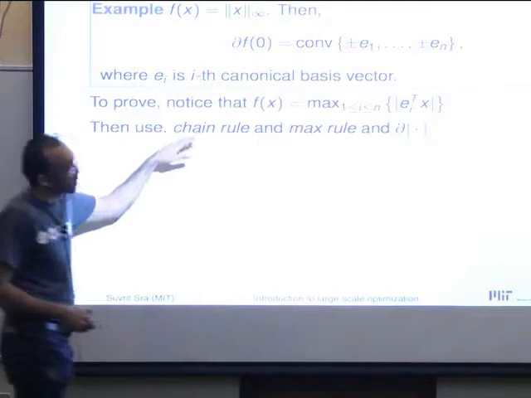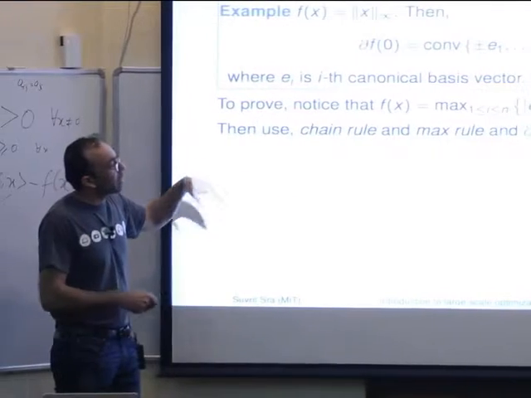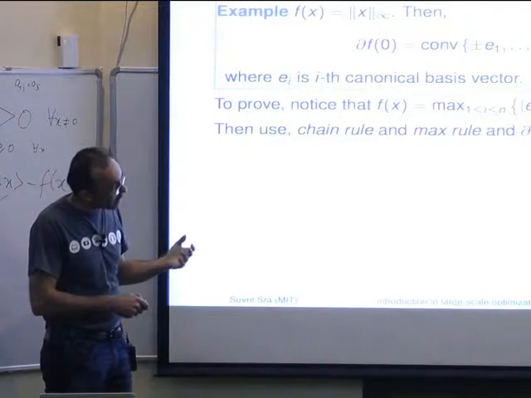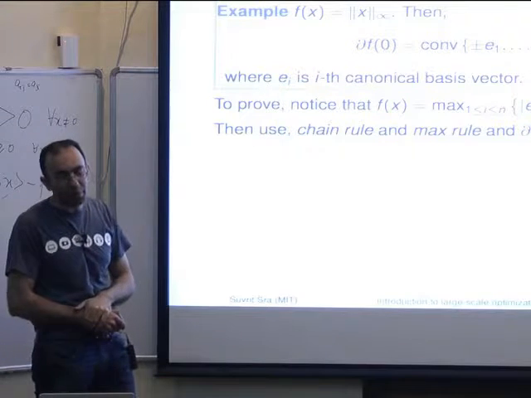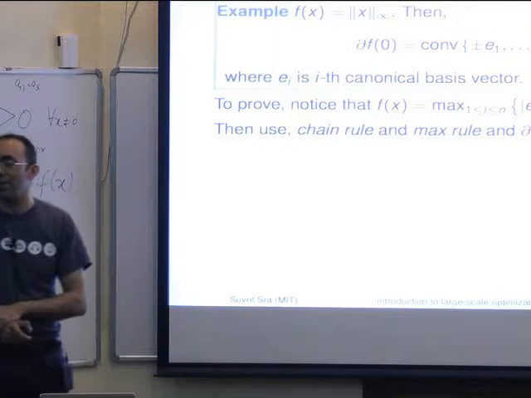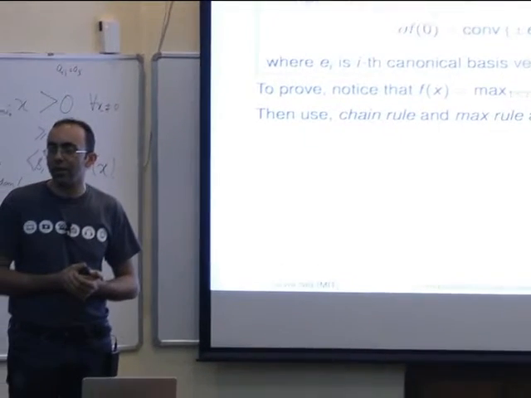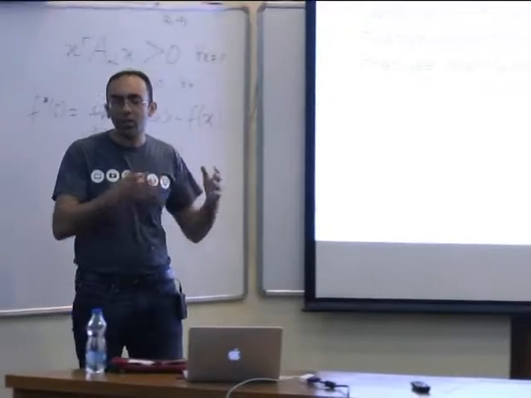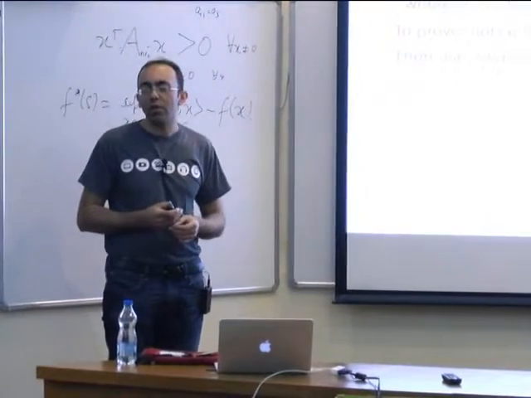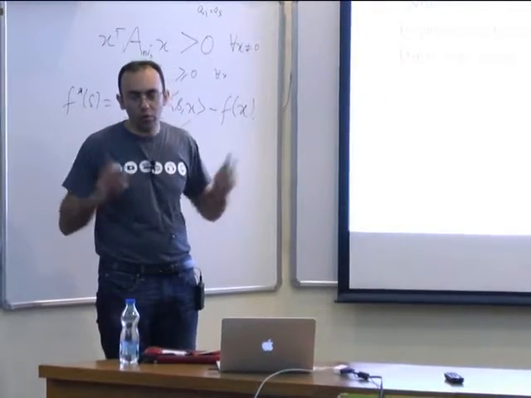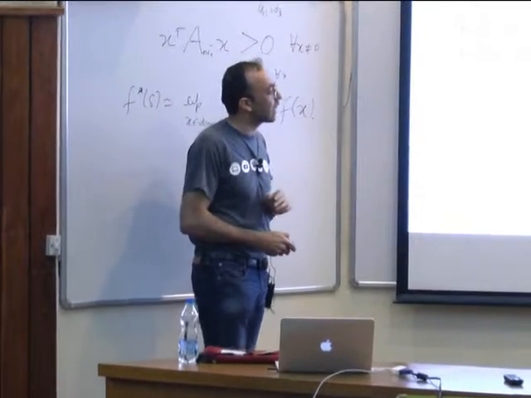So you can use the chain rule and the max rule, and you saw what the subdifferential of the absolute value function is. Putting those 3 rules together, you can get the full subdifferential here. This is just an exercise showing you that even for this trivial looking function, I had to invoke 3 of those rules or theorems, but fine.